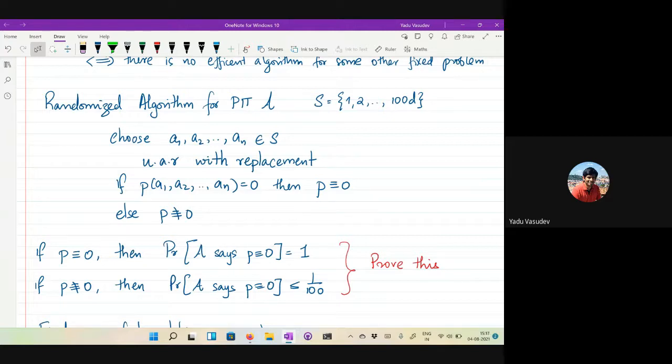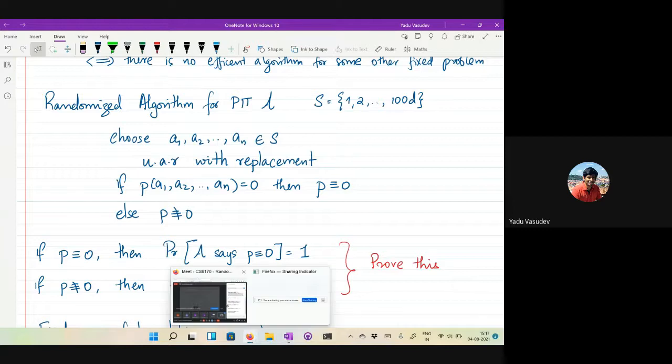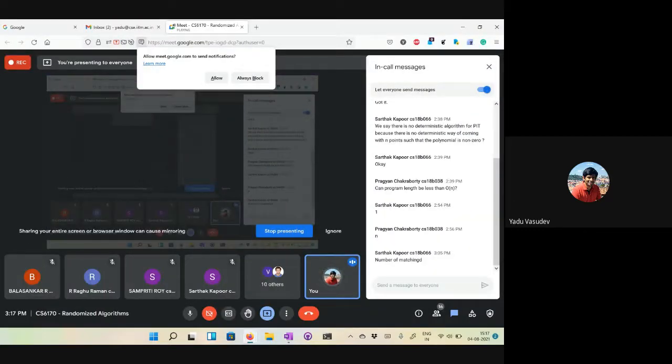In some cases, for instance in the algorithm you're seeing here, the random variable is fairly simple, and it's fairly straightforward to analyze. But in some cases, the random variables can be very complicated. You might have multiple random choices that you make, and finally you take some function of these different choices to obtain the final answer, and so on.